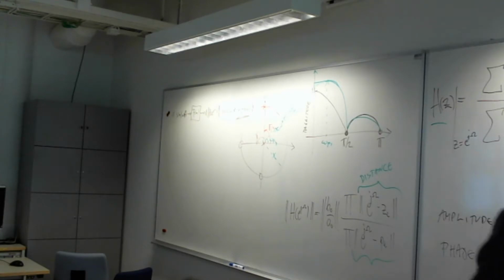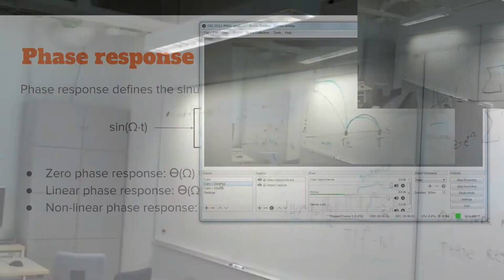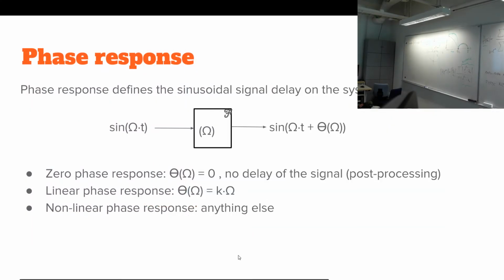Okay. If we had a linear phase response, basically that would mean that that part is some constant k times ω. Okay?